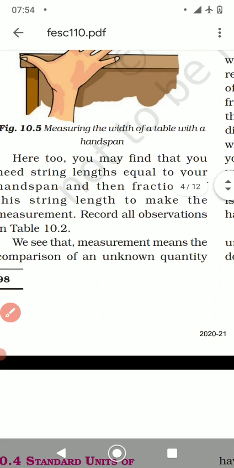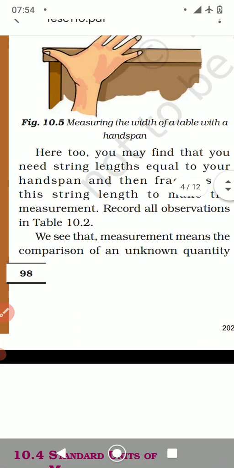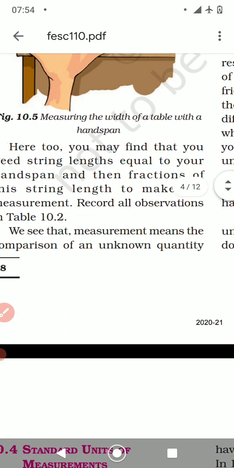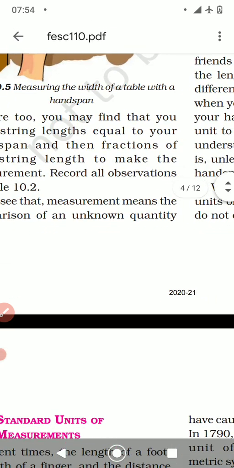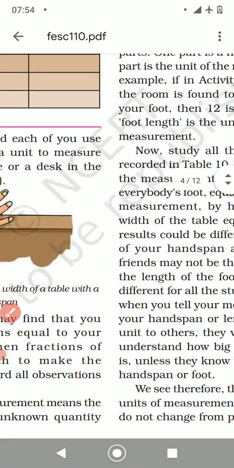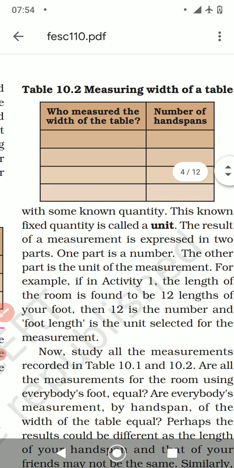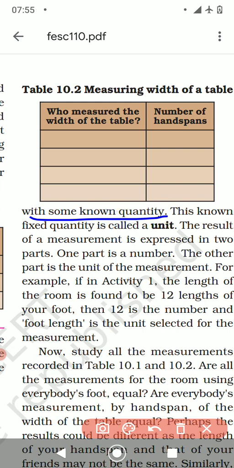Now we see that measurement means comparison. This is a very good definition which you should always underline. Measurement means the comparison of some unknown quantity with some known quantity.